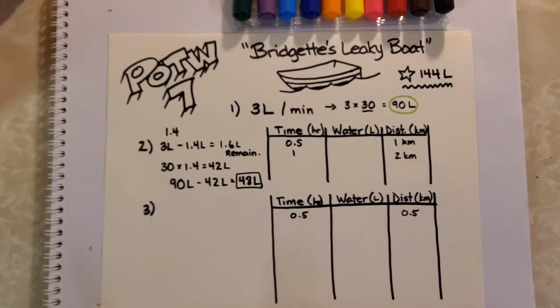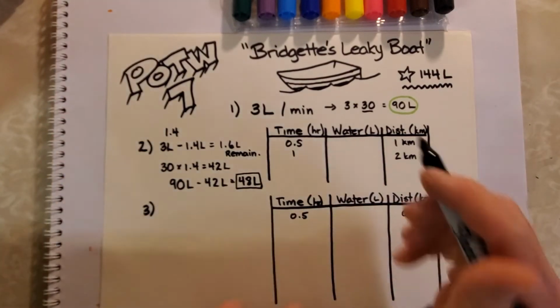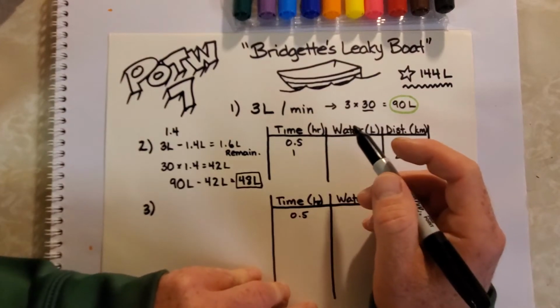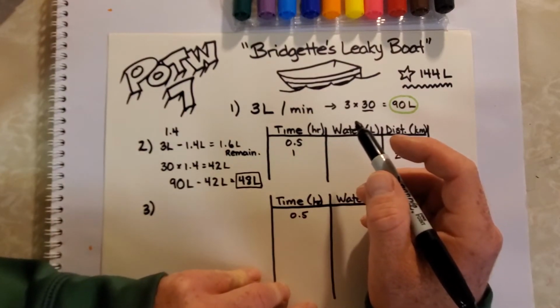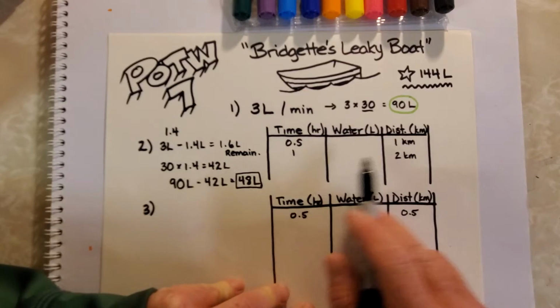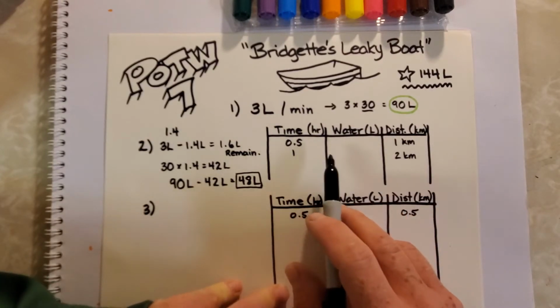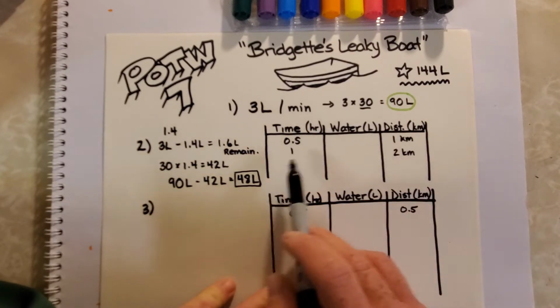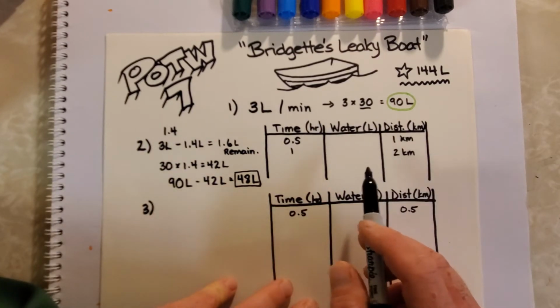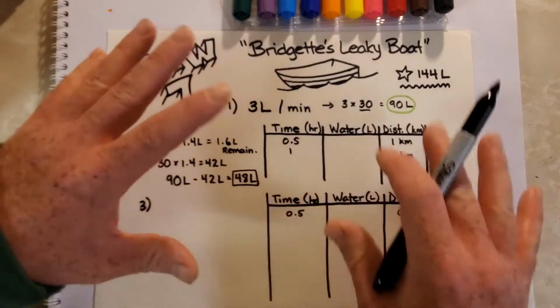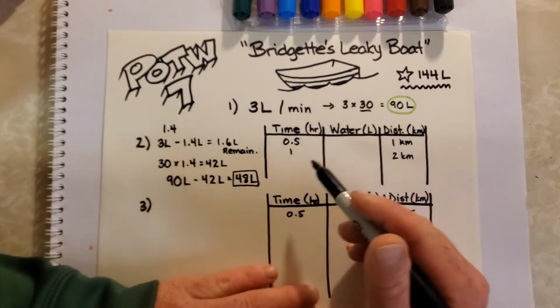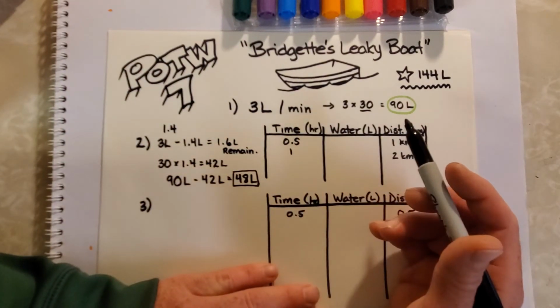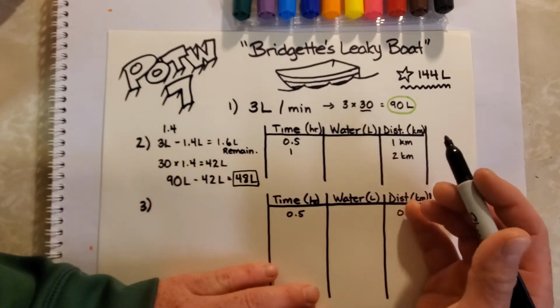after 30 minutes. Now we can start using that information to fill in the chart, and the chart is part C. I did 1, 2, 3 instead of ABC. Sorry about that, but the chart's still the same. We're going to start using all this information that we're collecting right now to fill in this chart. So let's fill in what we know already.